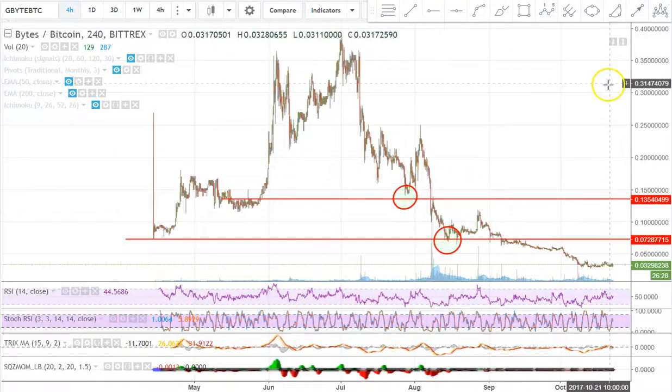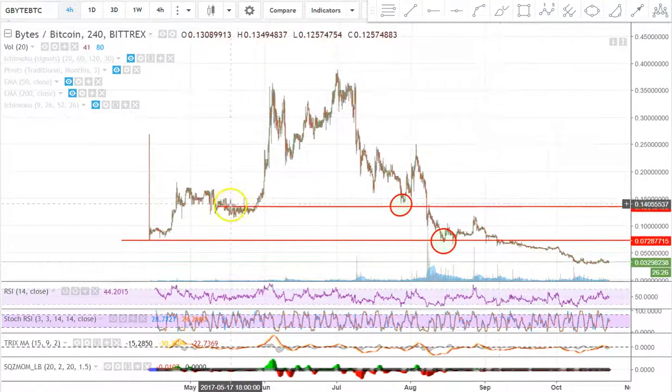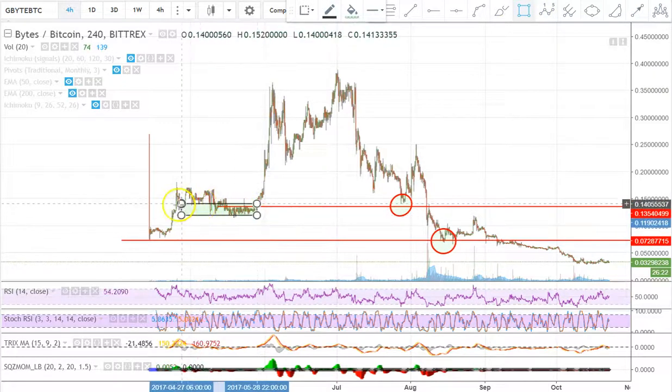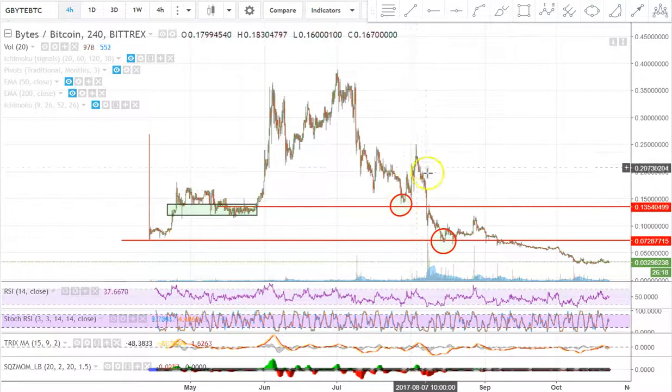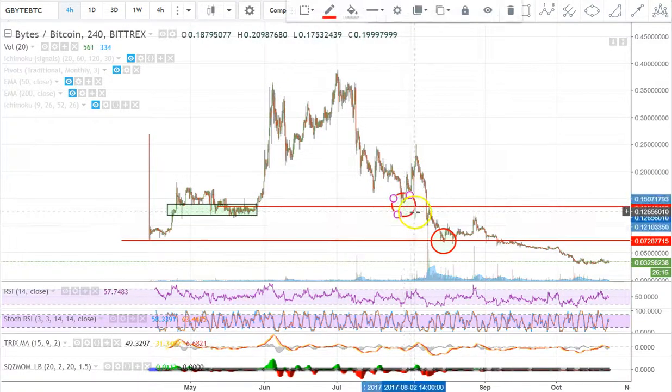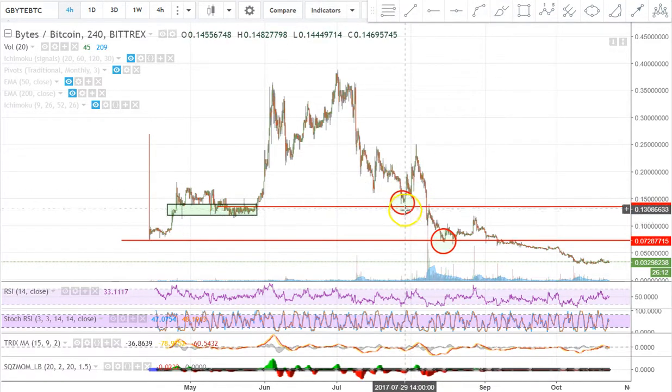Same for GByte. Here we have some support, price is bouncing there. So you can say, okay, I'm going to set buy orders here, and you can sell at the bounce.